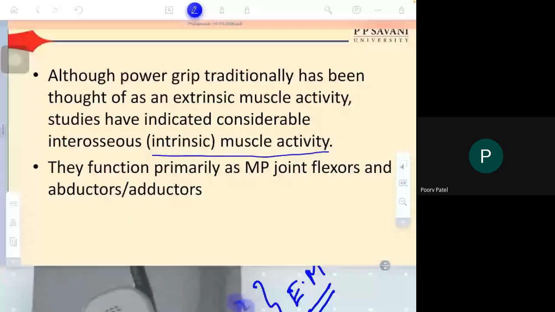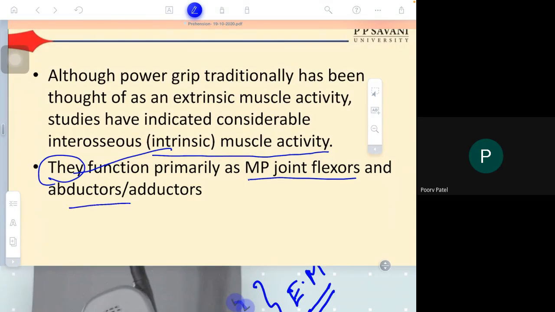And they function primarily as, they means what? Intrinsic muscle. Intrinsic muscle is primarily used to flex the MP joint and to abduct and adduct.